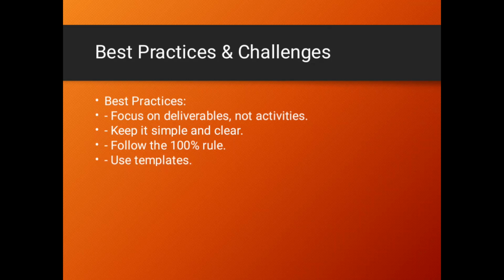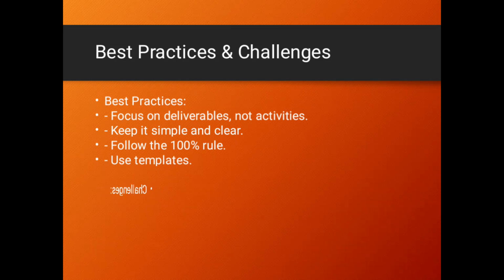The other thing, you need to follow the 100% rule. That means you need to consider each and everything in your project. Each and everything should appear on your work breakdown structure. Don't leave anything outside. So 100% of your work should be considered on a work breakdown structure.